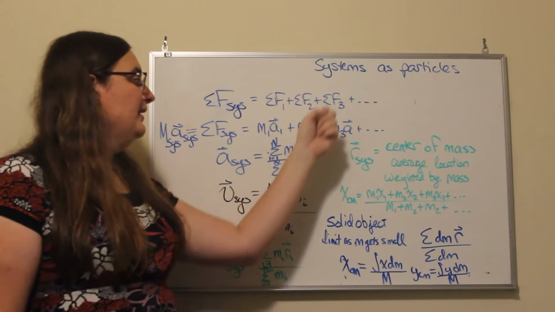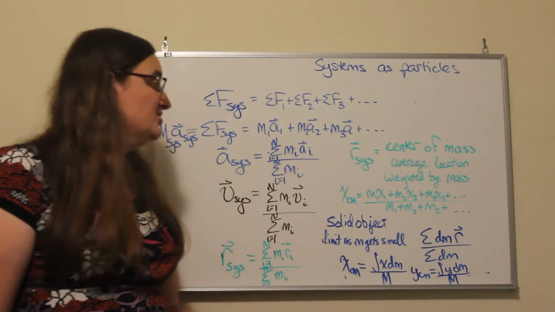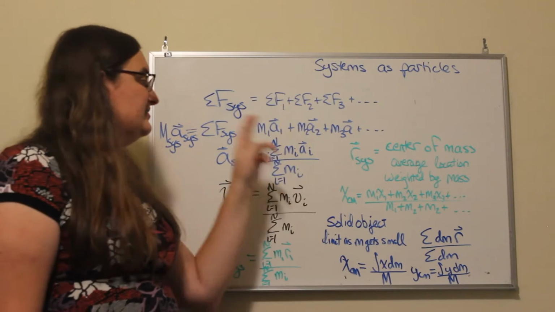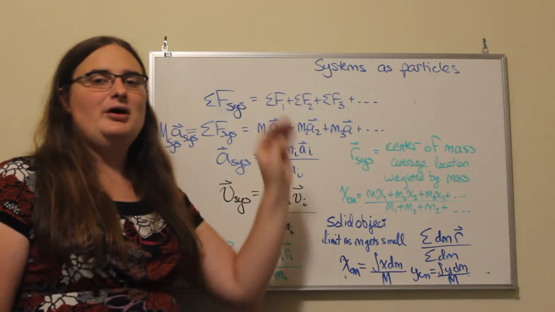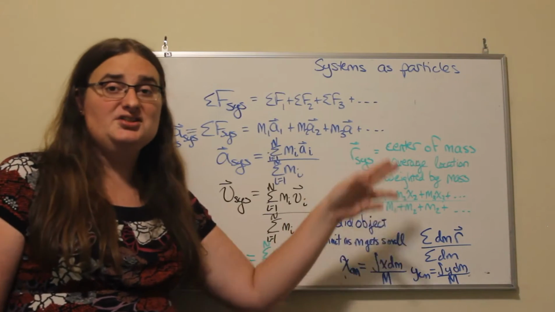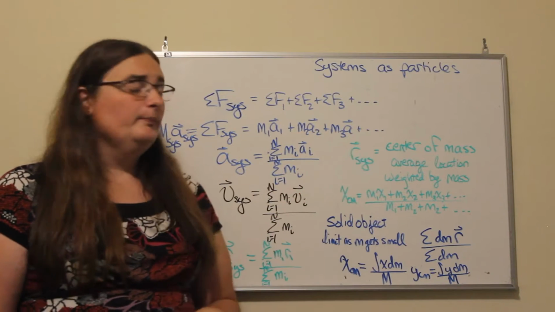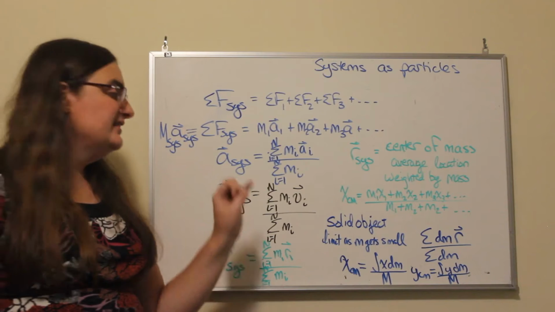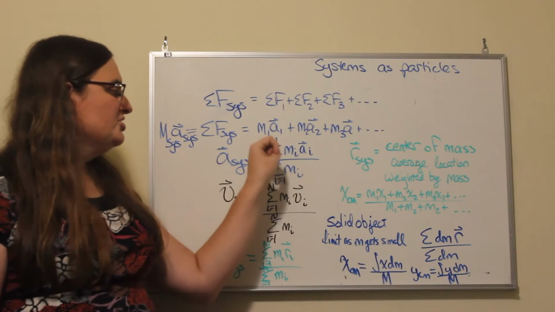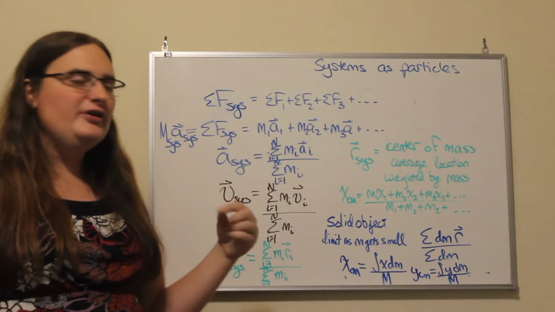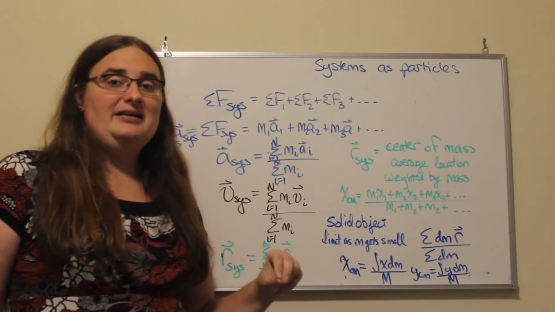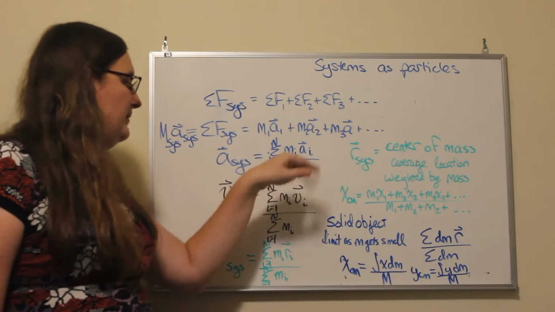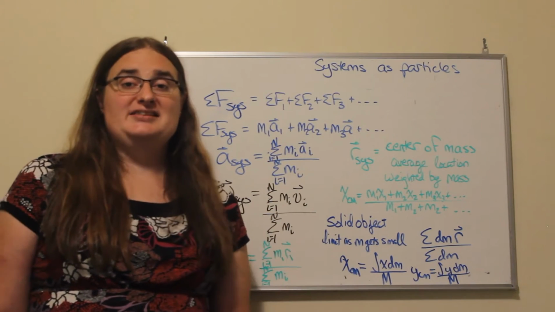Similarly, applying that chapter 5 version of Newton's laws, we could say that the sum of the forces on object 1 is the mass of 1 times the acceleration of 1 plus the mass of 2 times the acceleration of 2, and so on. So our average acceleration, the acceleration of our system, would be the sum over every element of the mass of that element times the acceleration of that element divided by the sum of all of those masses.